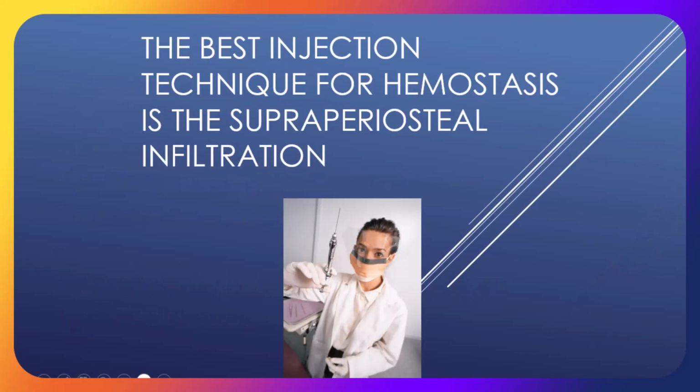The best injection technique for hemostasis is an infiltration technique. A supraperiosteal infiltration, remember we talked about those being used a little bit interchangeably. So a supraperiosteal injection would be a single tooth injection, usually maxillary at the height of the mucobuccal fold, 3 to 5 millimeters, with our deposition site at the apex of that tooth.